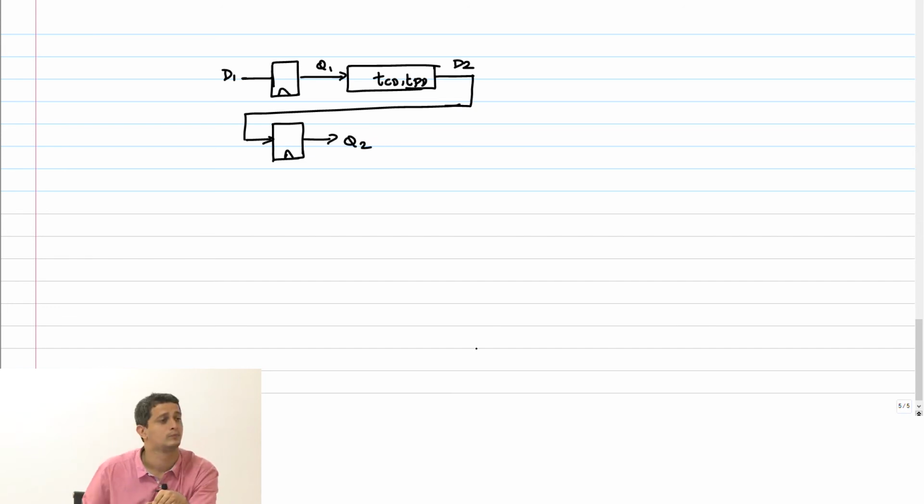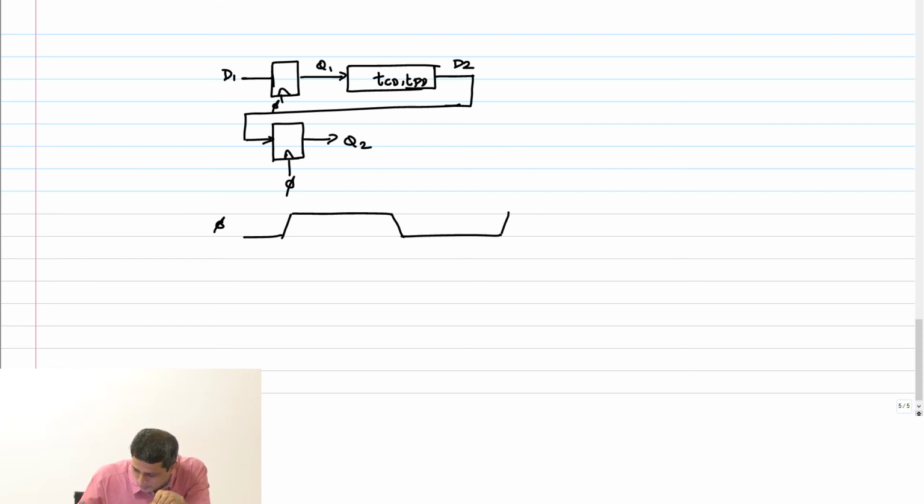This is Q2. Okay, this is again 5, 5. Right? So what I'm doing here is my clock is going high. Forget about the other edge. Okay? And data on D has changed.